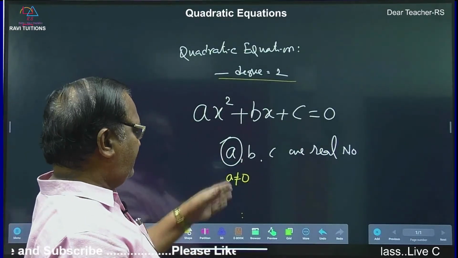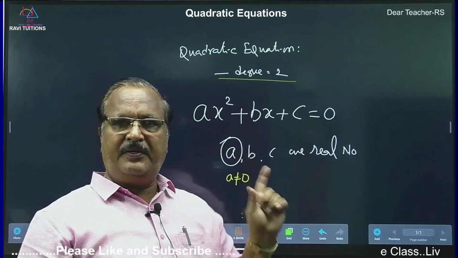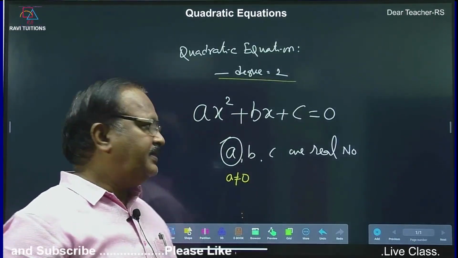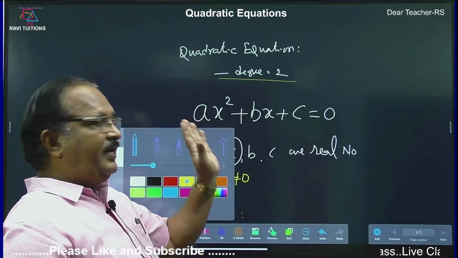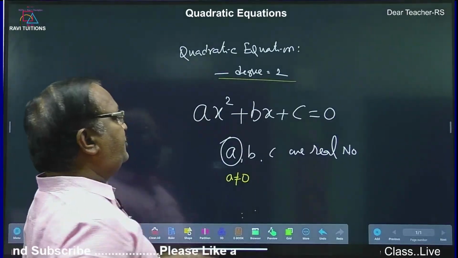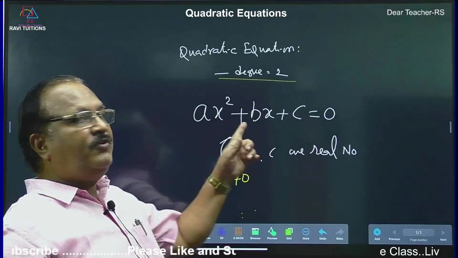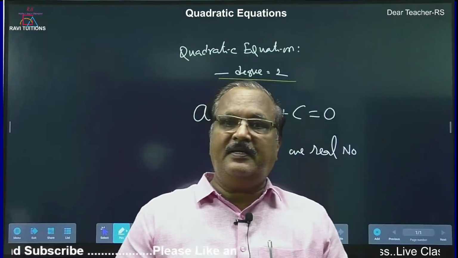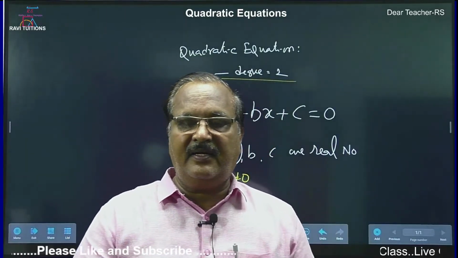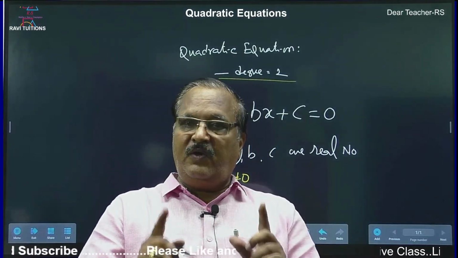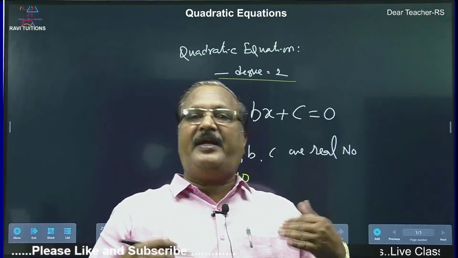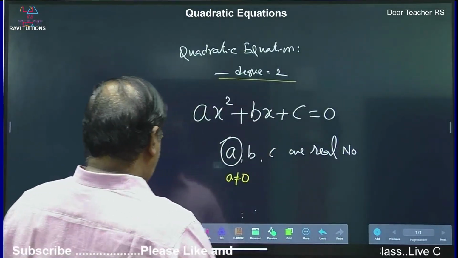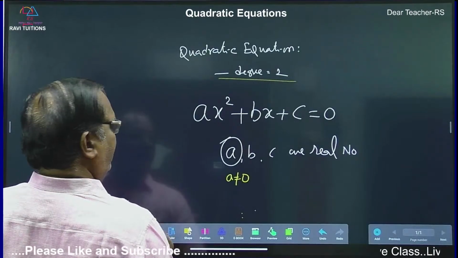That is why except 0, you can give any number for a, b, c. So, this is the standard form of a quadratic equation. To know whether a given equation is quadratic or not, you should always bring it into the standard form, okay. Let me give you one example.